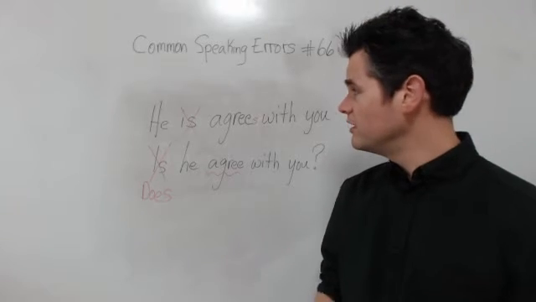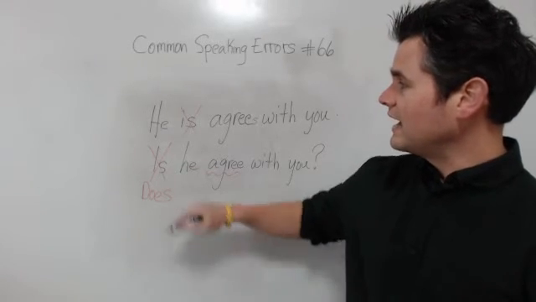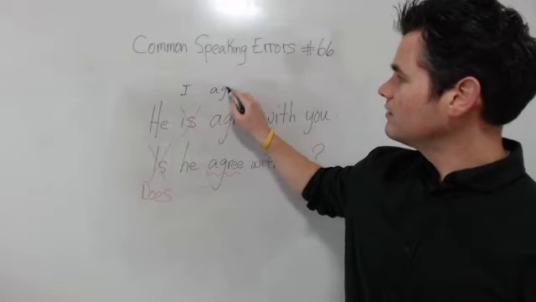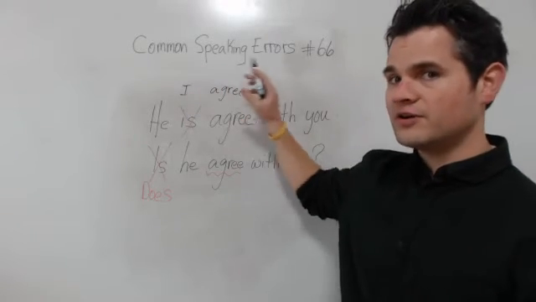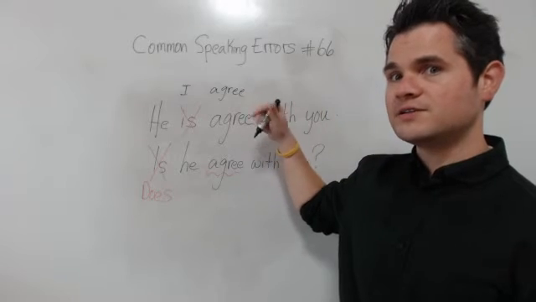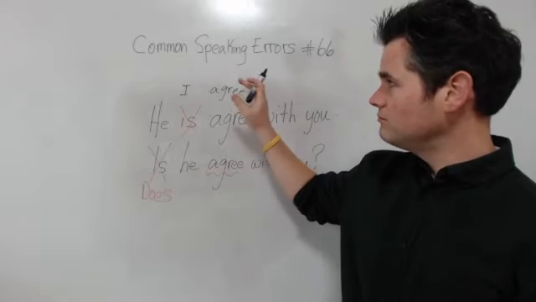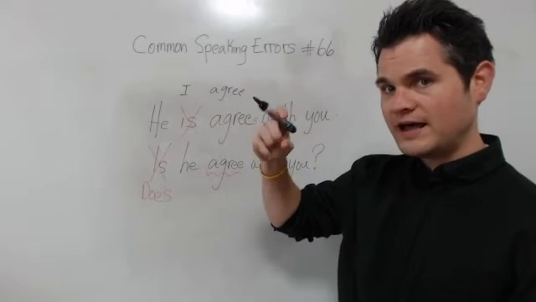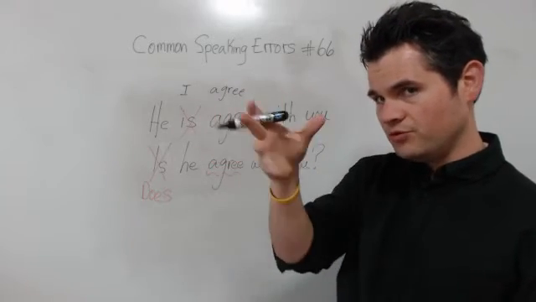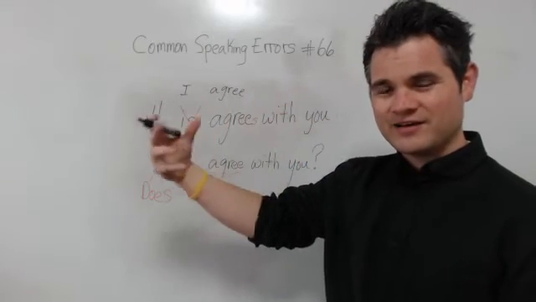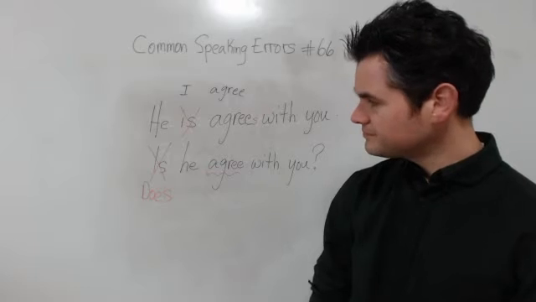Just a really quick review. If we're saying I, we're going to say I agree. I agree with you. So there'll be no S. First person pronouns, I and we: no S. Plural pronouns, and you can be plural, and they: you would say they agree, you agree.